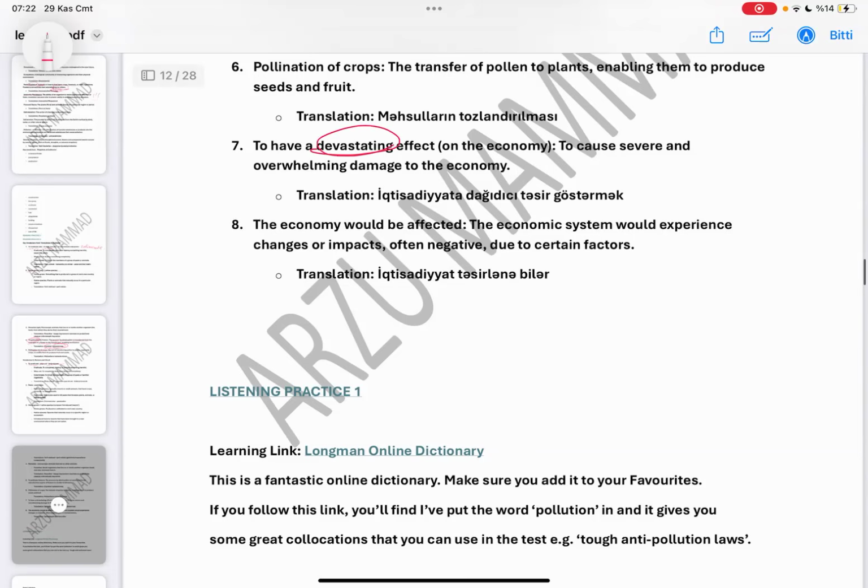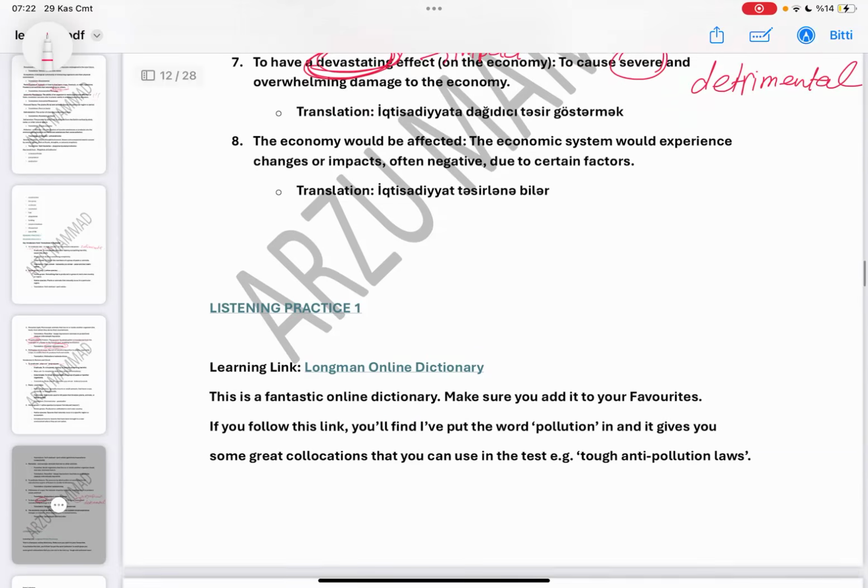To have a devastating effect or detrimental effect, or instead of effect, you can use impact on something. Yeah, very good word. Significant, it means, okay? Take notes relating to this one.